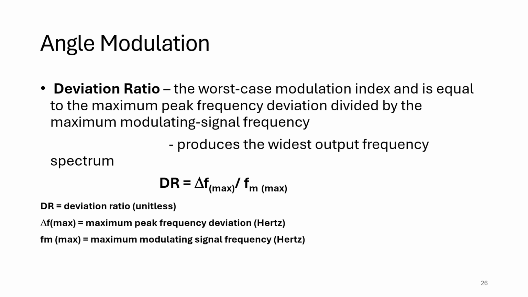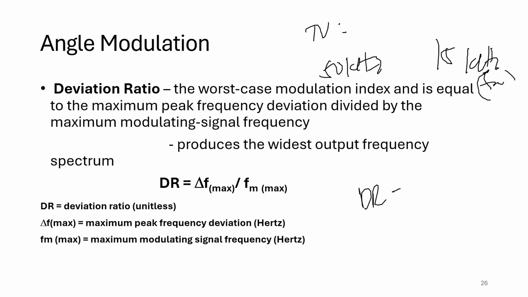For FCC, this time for TV broadcasting, a while ago we discussed the FM broadcasting standard. For TV broadcasting, this is 50 kilohertz deviation frequency and 15 kilohertz maximum fm, for example.